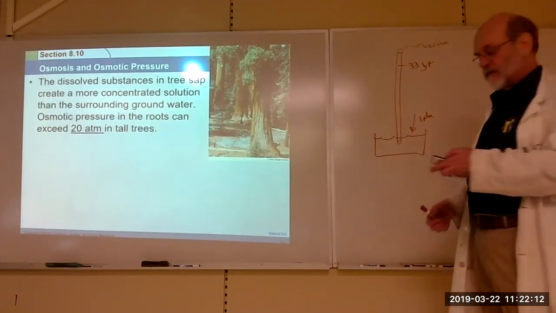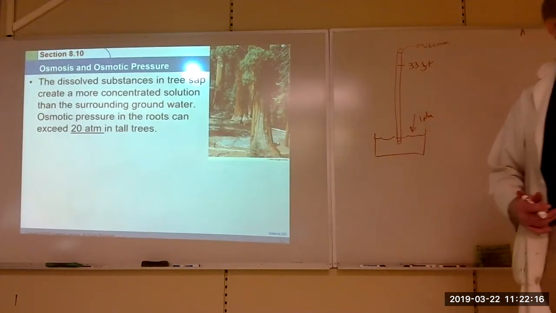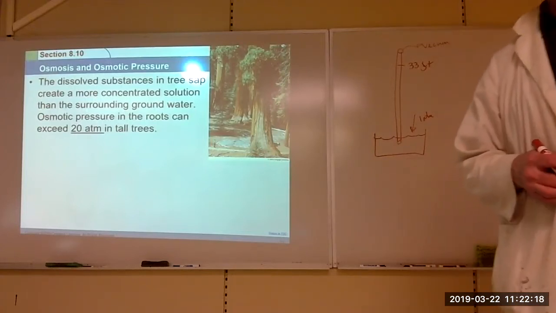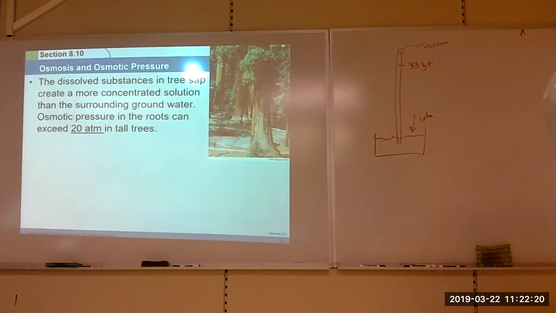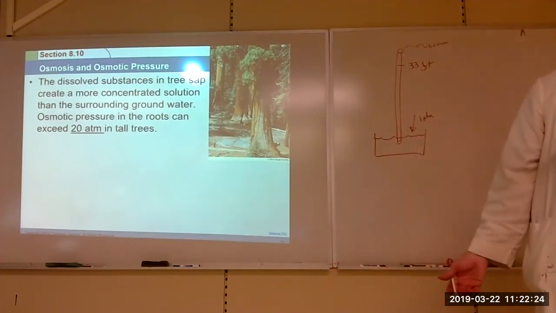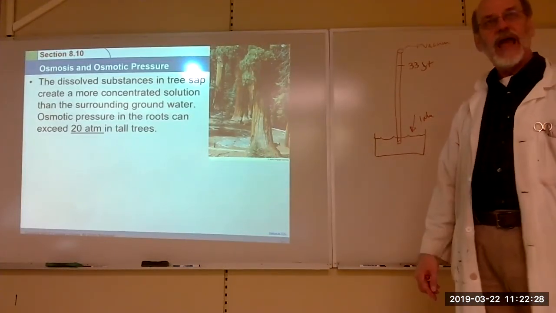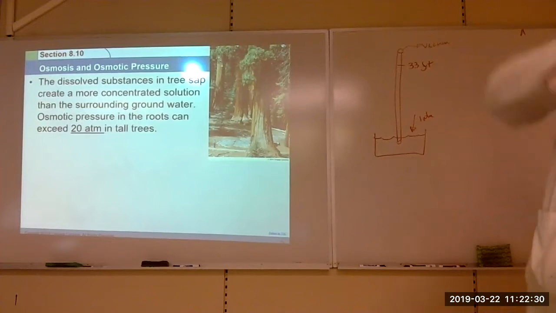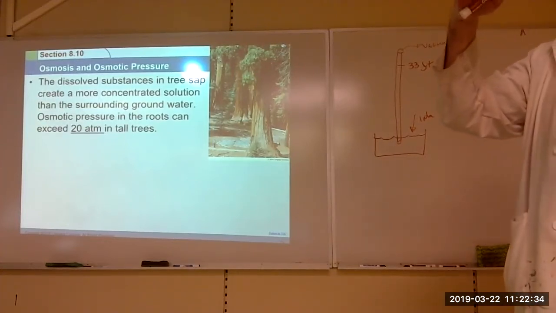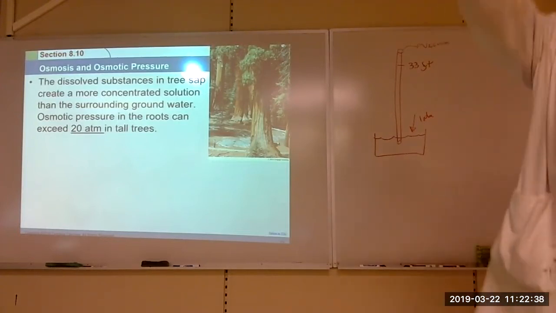So the tree in its roots has a higher concentration of solutes in its cells than the groundwater outside, right? So which way is the water going to move? It's going to go into the tree. And if you can set up a difference in concentration between outside the root and inside the root, sufficient pressure inside there, then you might be able to drive that water all the way to the top of the tree.